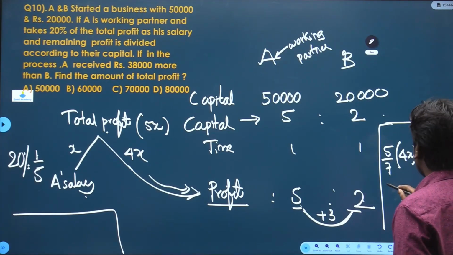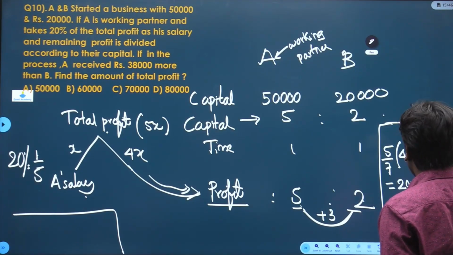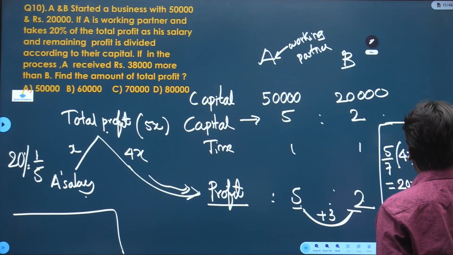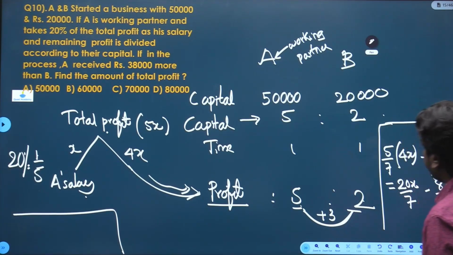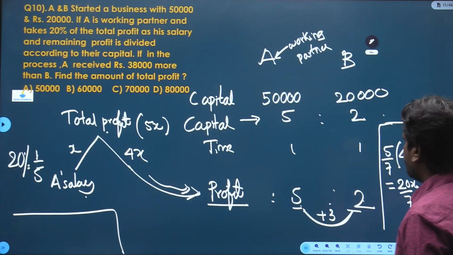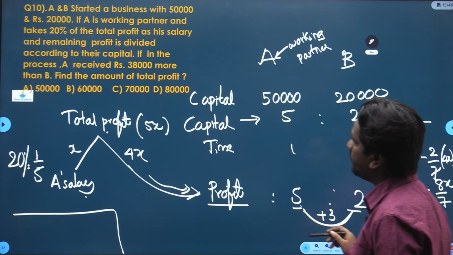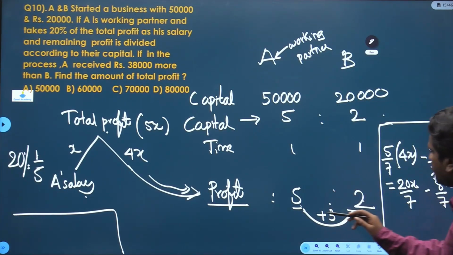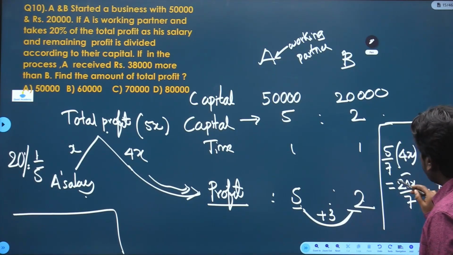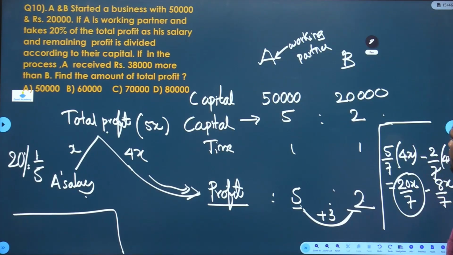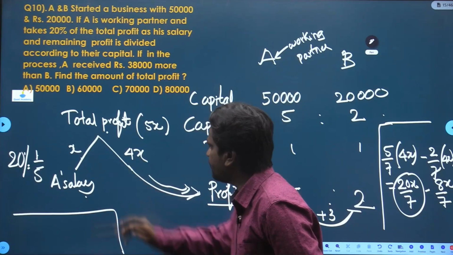So now 20x by 7 minus 8x by 7. A not only receives this 20x by 7, he also receives x as salary.